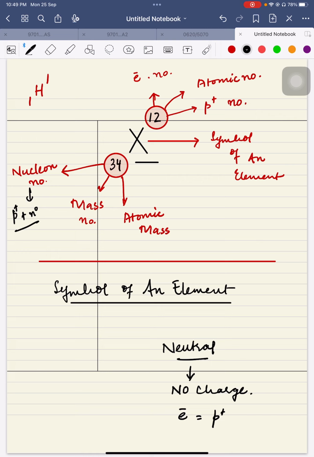Look into the key to see whether the atomic number is at the top of the symbol or at the bottom of the symbol, and decide accordingly. Remember that the atomic number is also called the electron number or proton number, whereas the mass number is also called the atomic mass or nucleon number.